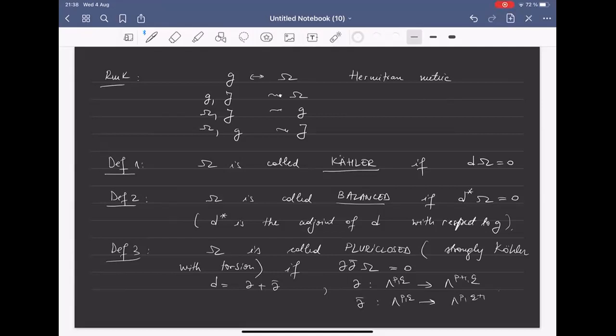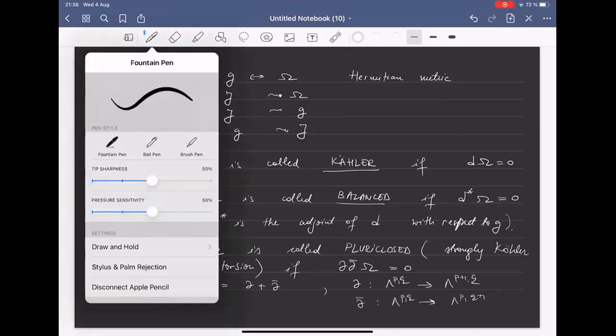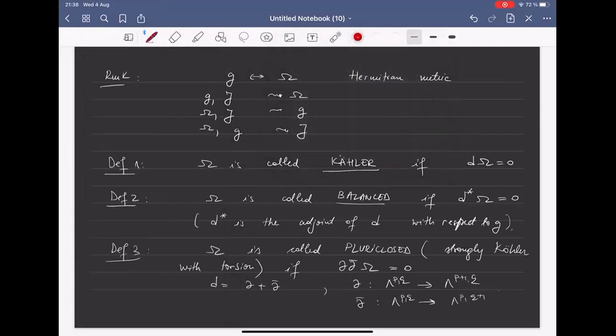Okay, so definition 2 and definition 3 are clearly generalizations, relaxations of definition 1. Beware that definition 2 is also equivalent to the closeness of the (n-1)-th power of omega.